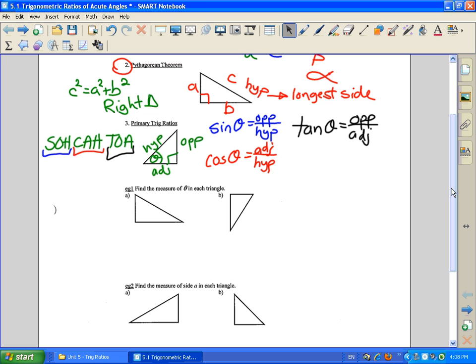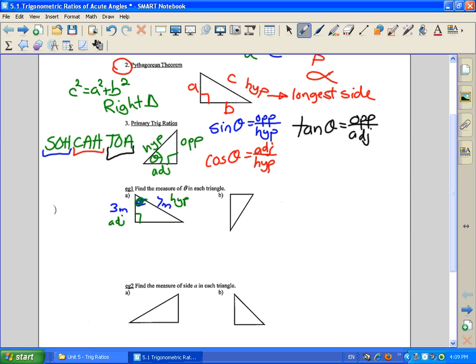Example 1. Find the measure of theta in each case. All right, let's take a look here. So if I say theta is here, that's my theta. And let's say that I have 3 meters here and 7 meters here. From theta, what two sides do I have, folks? I have my adjacent side, because this is my 90, and this is my hypotenuse.